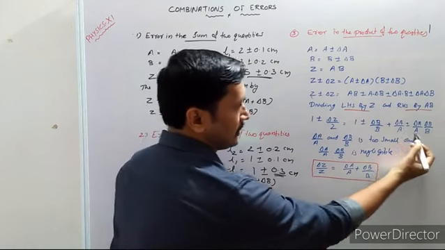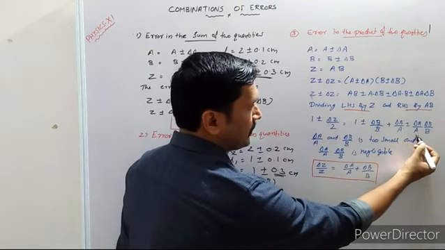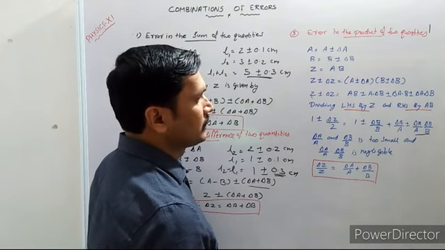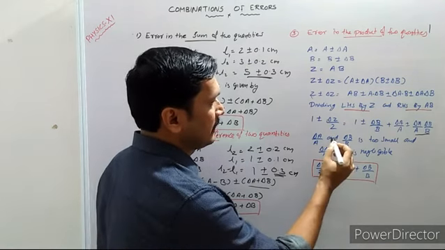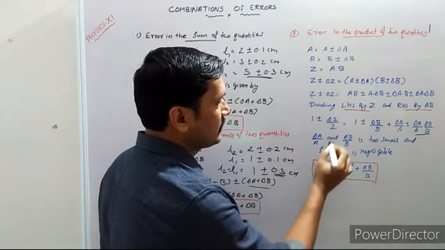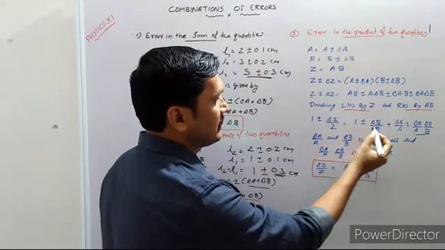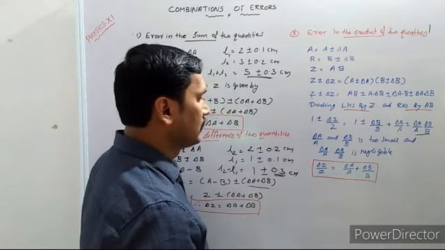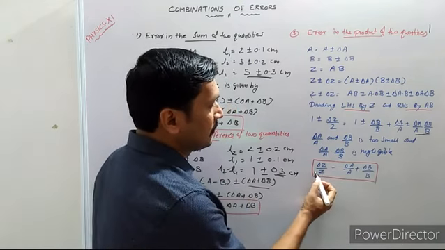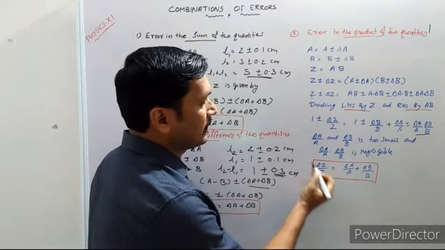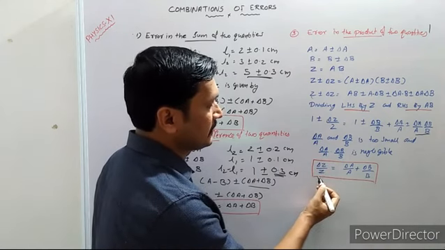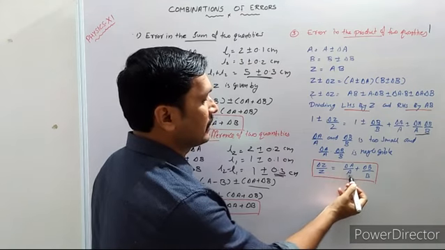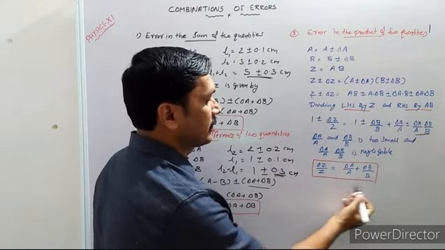So we are just neglecting this term because it is too small and negligible. And the final result can be written, with 1 and 1 getting cancelled, as delta Z by Z is equal to delta A by A plus delta B by B. The result is that the relative error in Z, that is delta Z by Z, is equal to the relative error in A plus the relative error in B.